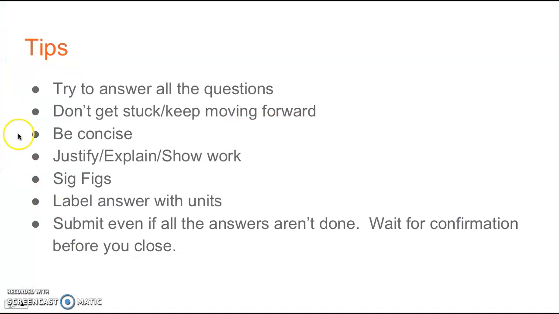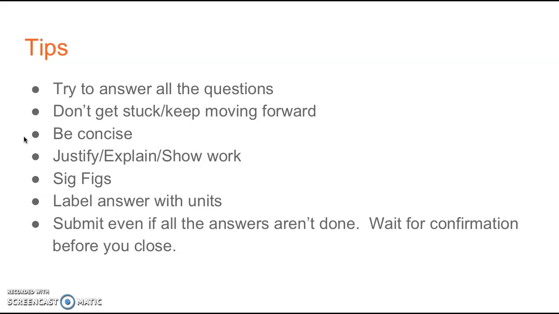Make sure you are concise with your answers. Don't be overly wordy. Just answer the questions and then move on. If you continue to write out things, and you contradict something that you said earlier, then you lose credit on that. So answer the question and then move on.